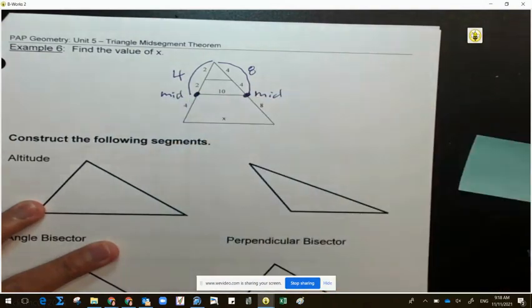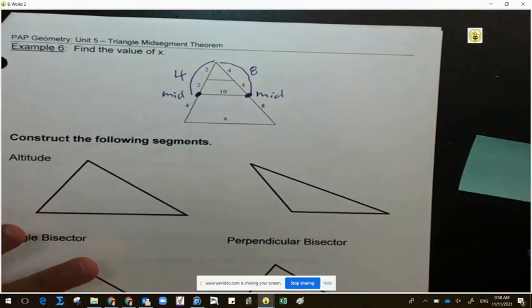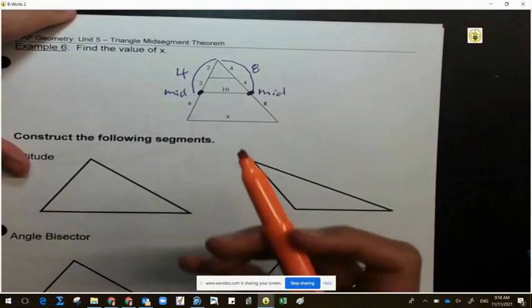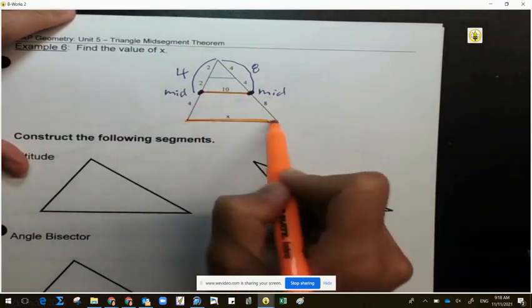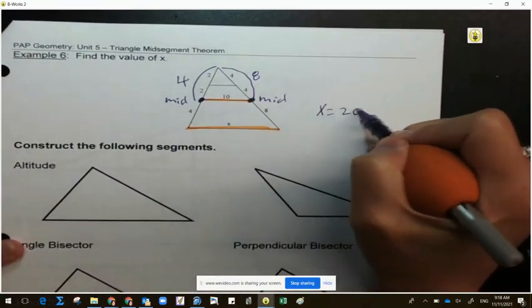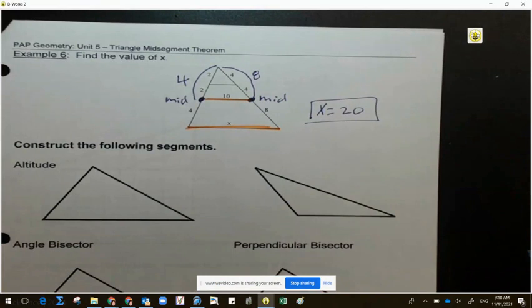Could you have redrawn the figure and ignored the top line if you wanted? If that helps. So we know these 2 are the parallel parts from mid-segment to mid-segment. So how many must be my x then? 20. Again, if you wanted to redraw this figure, you can.